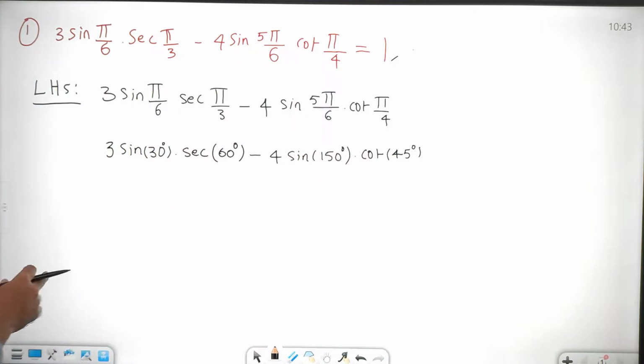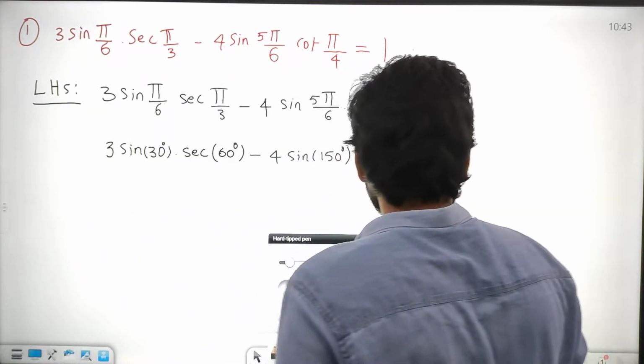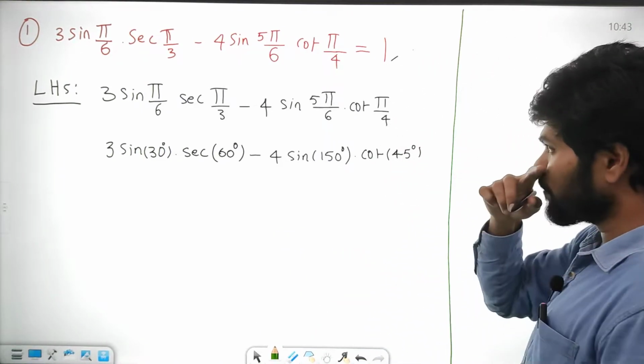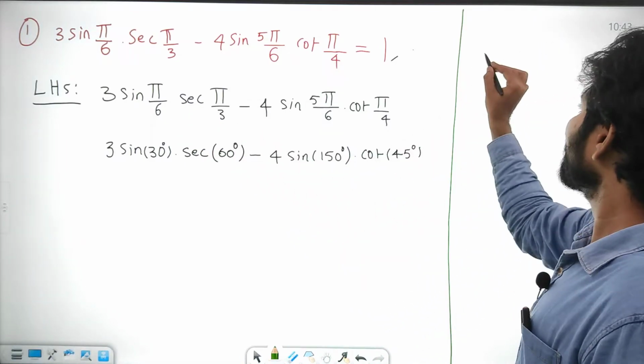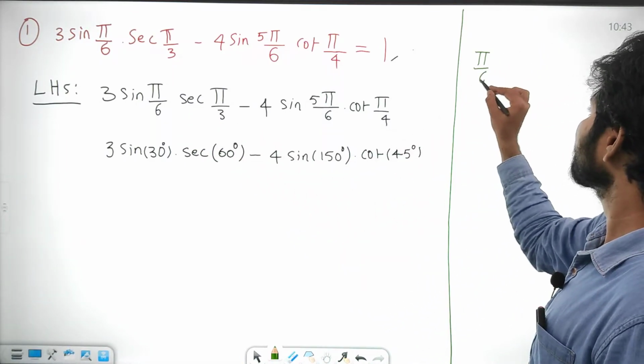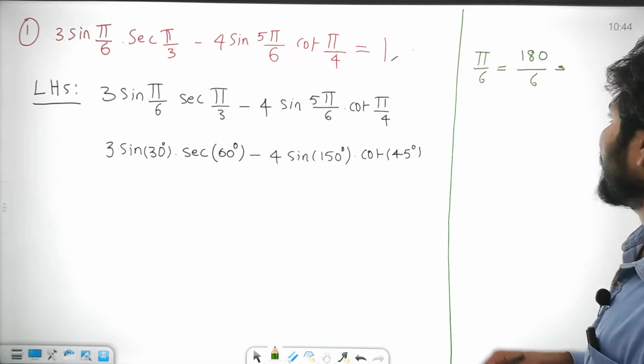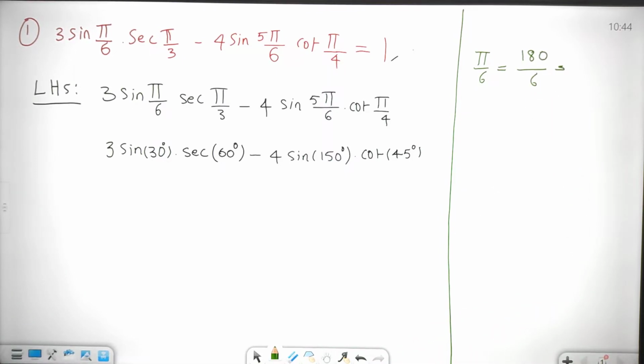Sir, how did you convert this? Okay, just take the concept. Now I am converting. I will not write it again, this is the last time, so you have to remember it.